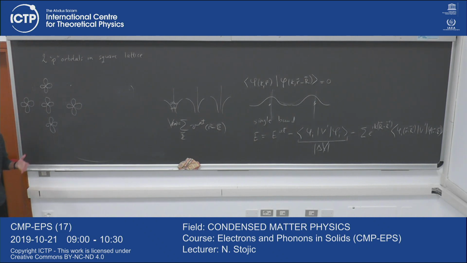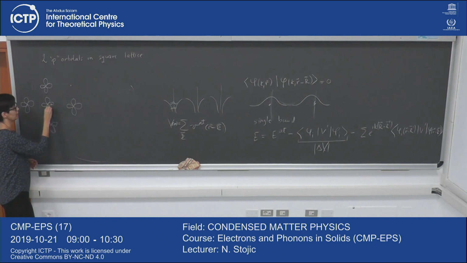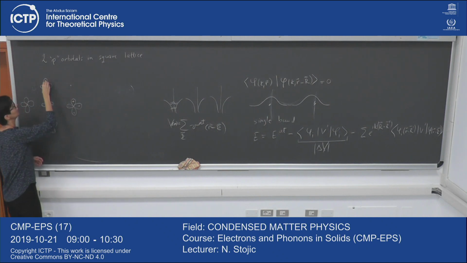You probably know that atomic orbitals have a phase that can be noted as plus and minus. This is the atom 0, let's call it, and atoms 1, 2, 3, and 4.